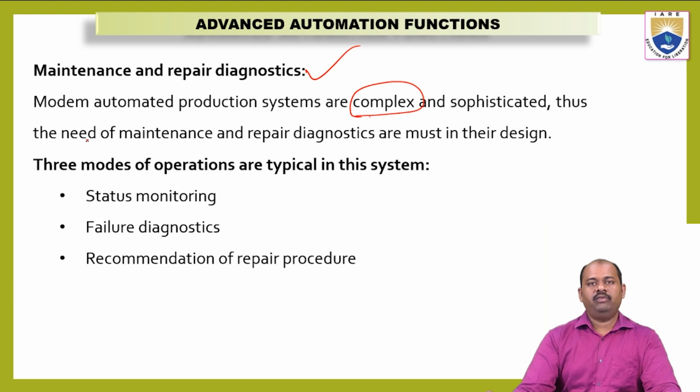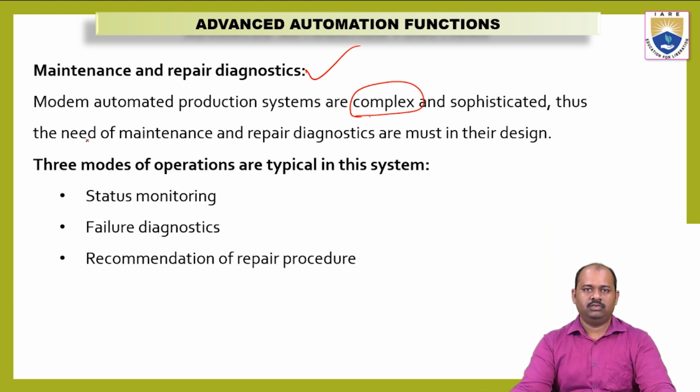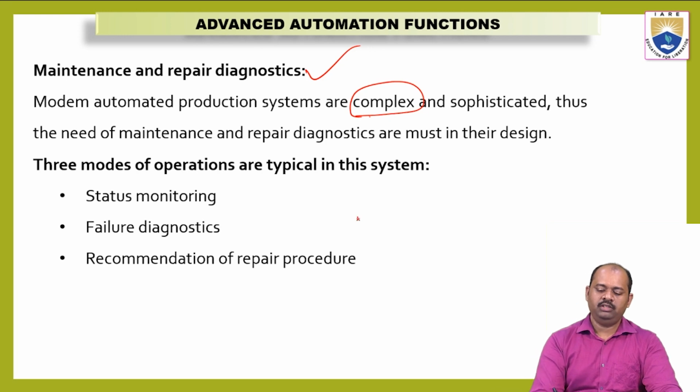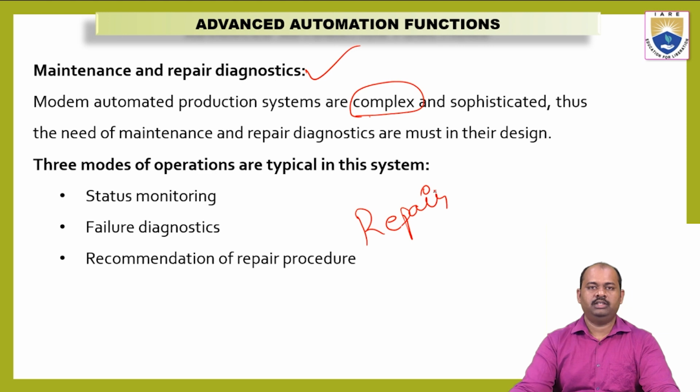Whenever the machines need maintenance, not only repair diagnostics, it should send the maintenance diagnostics also. Repair means whenever the object is malfunctioned or damaged, then we have to do repair. But maintenance is precautionary.